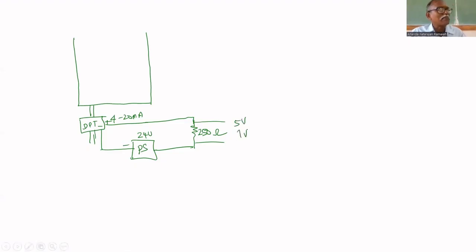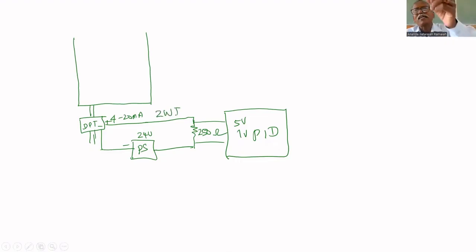So 1 volt means the tank is empty. 5 volts means the tank is full. That is given to the PID controller. The PID controller receives 1 to 5 volts. Have you understood this? This is called a two-wire transmitter. Power supply, DPT and 250 ohm are all connected in series.